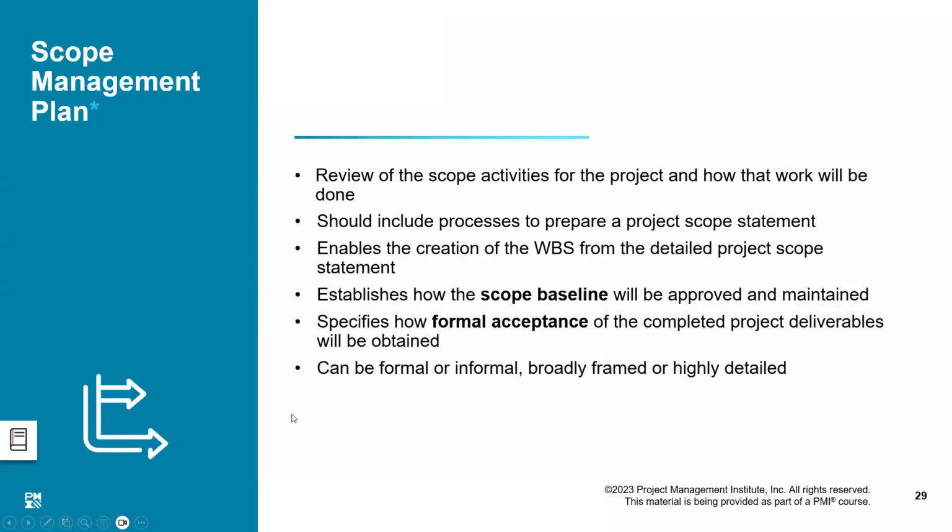What does the scope management plan include? Naturally, it is in predictive. So the scope management plan does these things. They conduct a review of scope identification for the project and how that will be there.